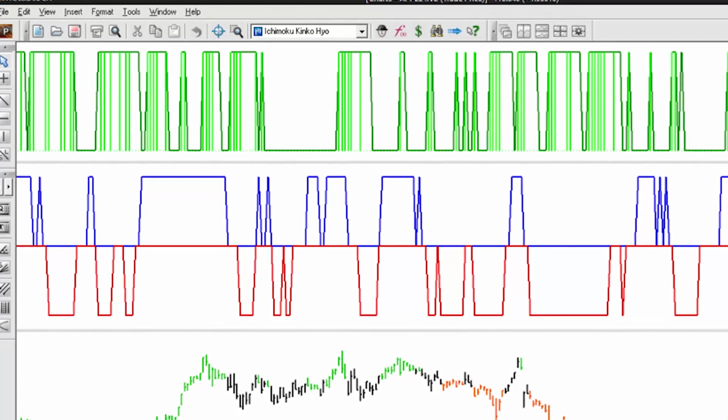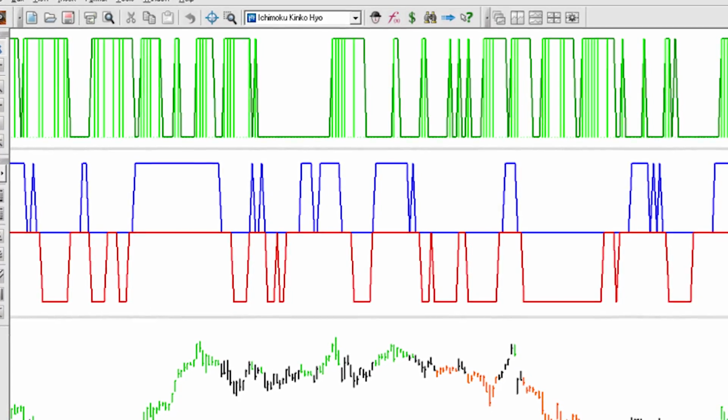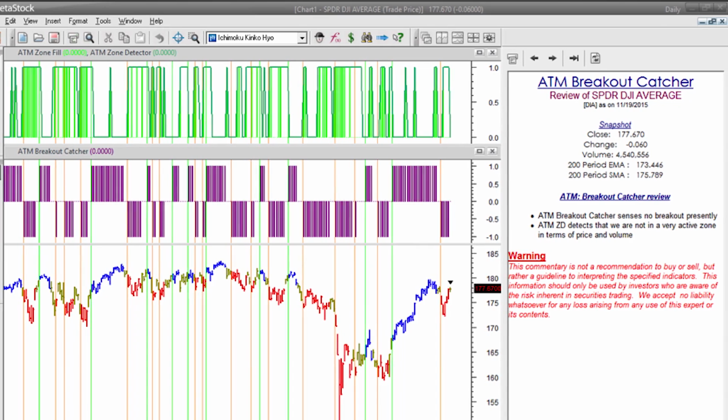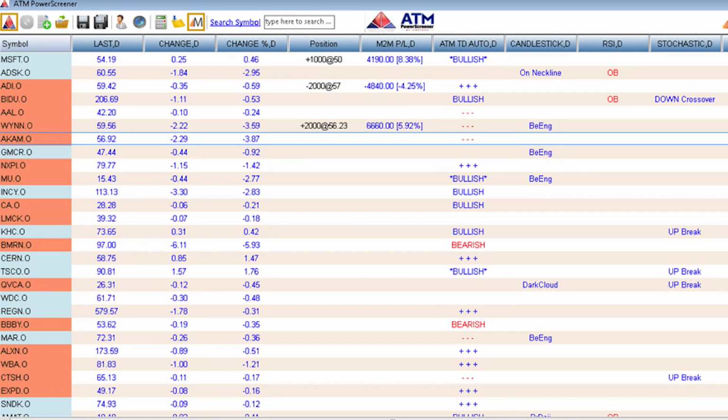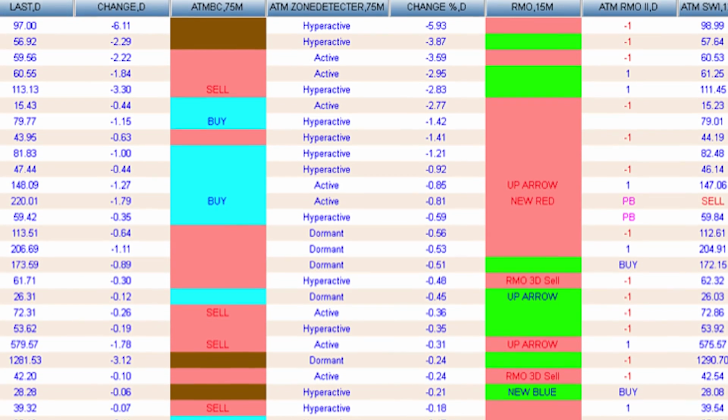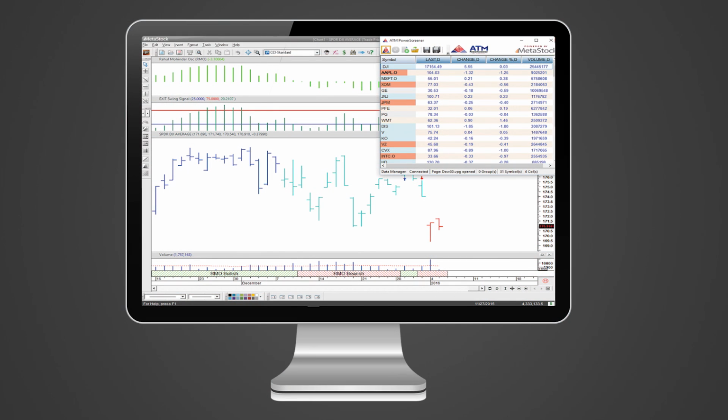We've taken it to the next level. In addition to giving you just indicators inside of MetaStock, we've built an all-new application called the ATM PowerScreener, which complements the ATM 2.0 in all of its systems. So without further ado, let's get straight into the RMO ATM 2.0.